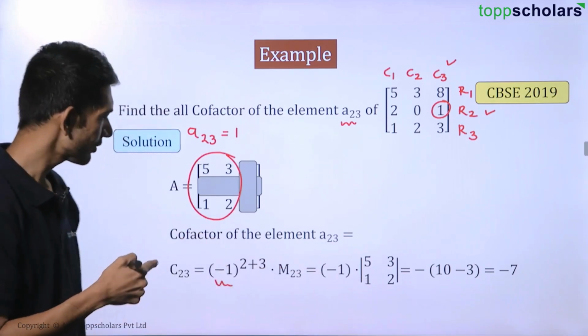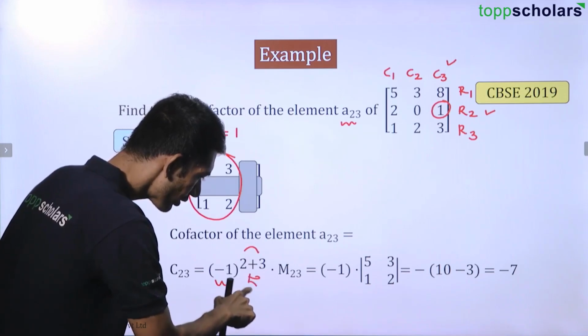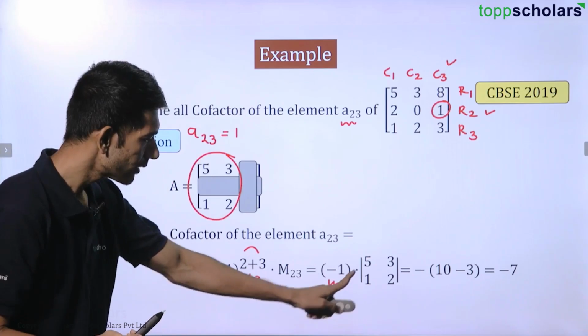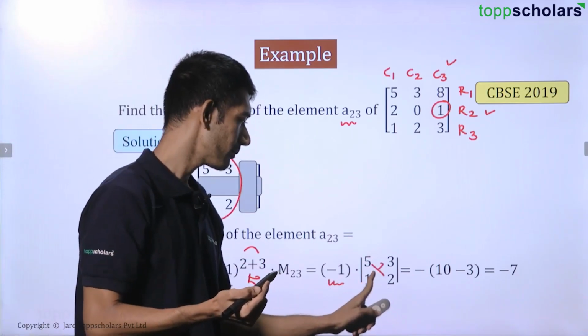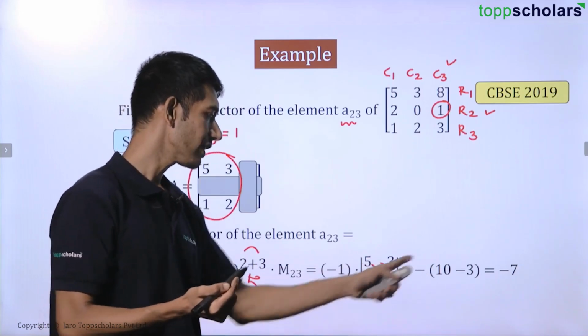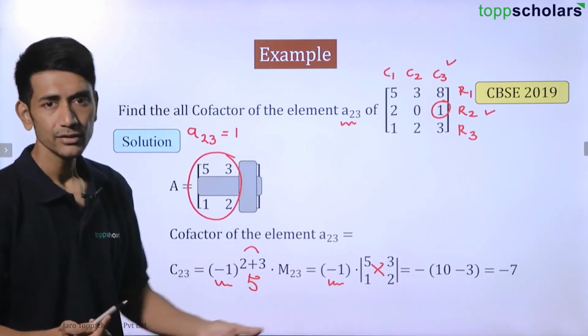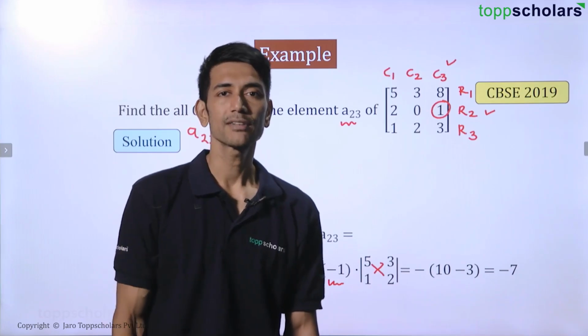And we know how to solve this. Minus 1 raised to 2 plus 3, this is 5, so odd power of minus 1 is going to give me minus 1 only. And this is nothing but your minor. 5 2s are 10, 3 1s are 3, 10 minus 3 is 7, but we have a negative sign outside. So the final answer is minus 7. Clear? I hope this part is clear and simple.